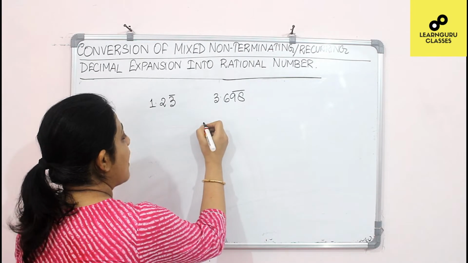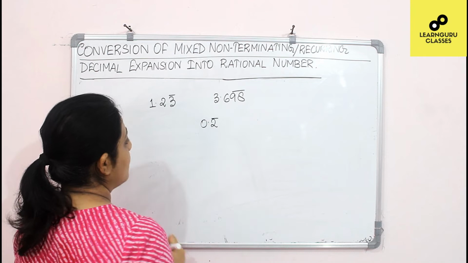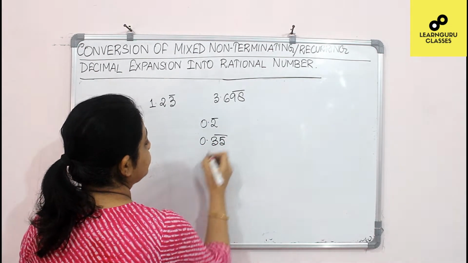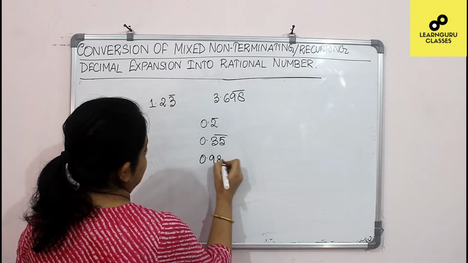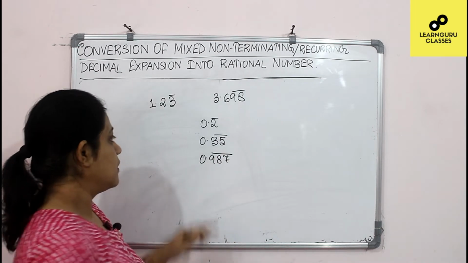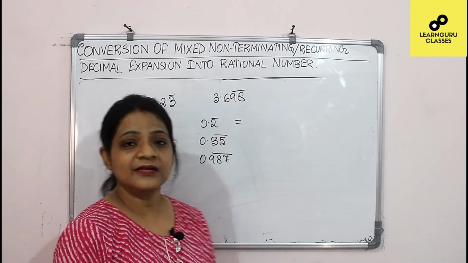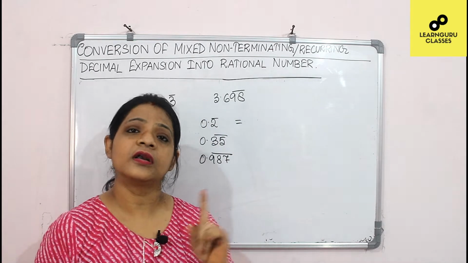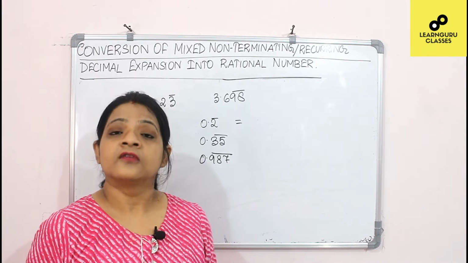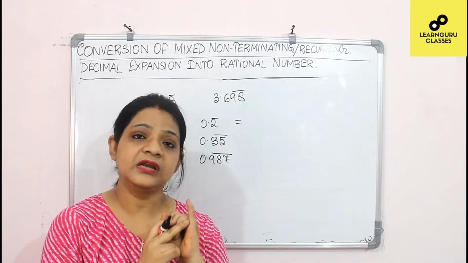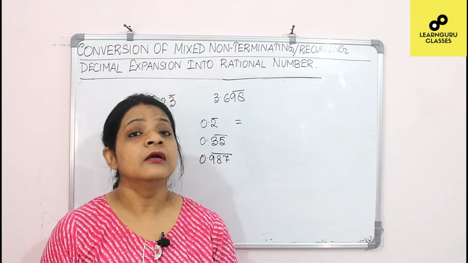Like if you have 0.2 bar, 0.35 bar, 0.987 bar. In the first example, only one digit is under the bar, meaning only one digit is repeated. To convert it into a rational number, you need a numerator and a denominator.